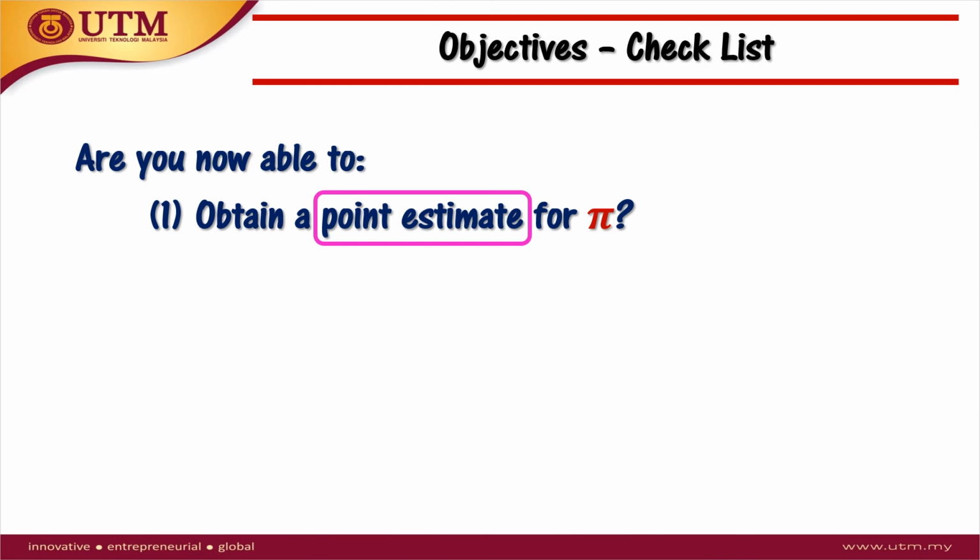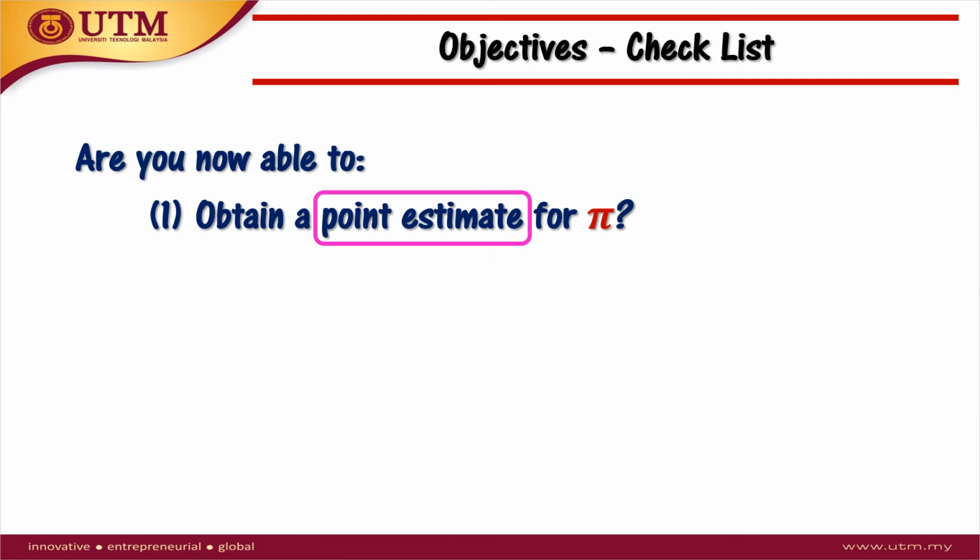As we know, pi can also denote the proportion of failure depending on the question that we want to solve. This is quite straightforward, isn't it? The point estimate for pi is simply the sample proportion of success or failure denoted by P.